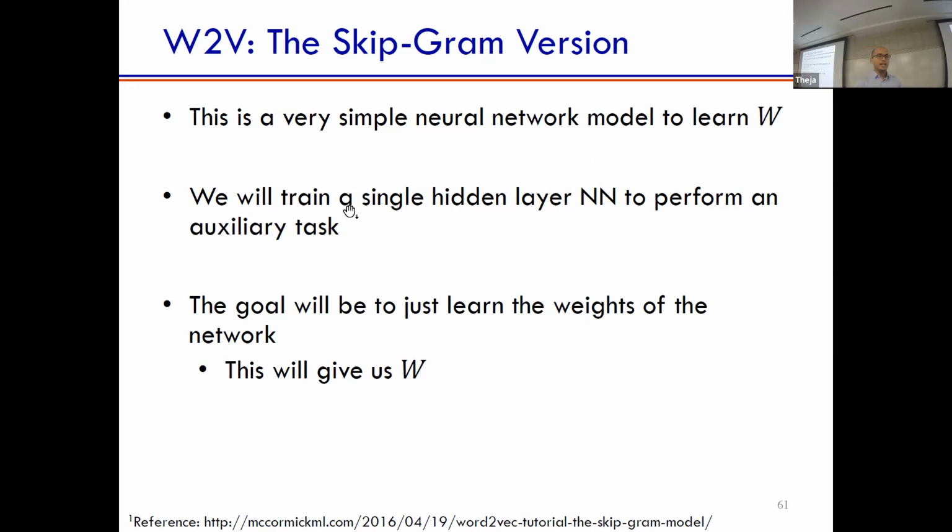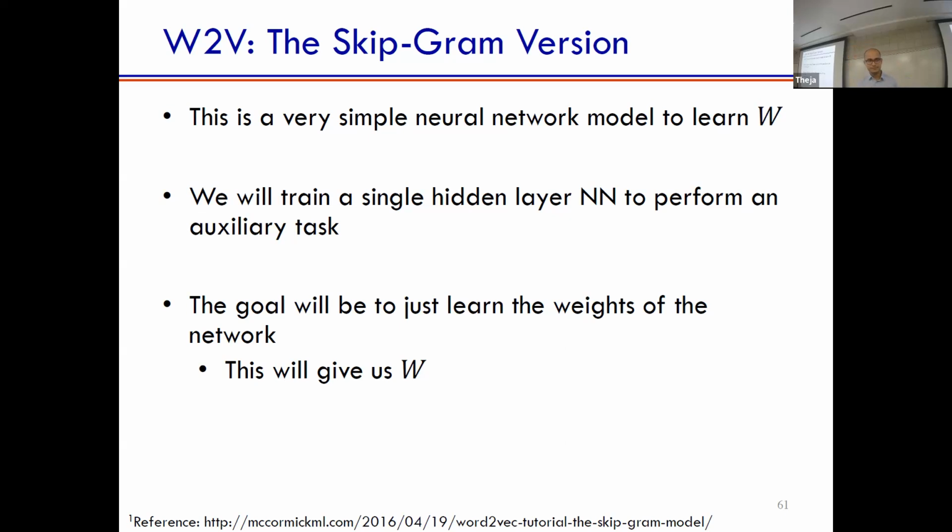I'll specify what the input is, what the output is, and so on. But by just training a single hidden layer neural network, we'll be able to interpret it. Remember, a one hidden layer neural network has two sets of weights, W1 and W2 that we used in lecture 2. One of the weights we'll interpret as our embedding matrix, the embedding W matrix.